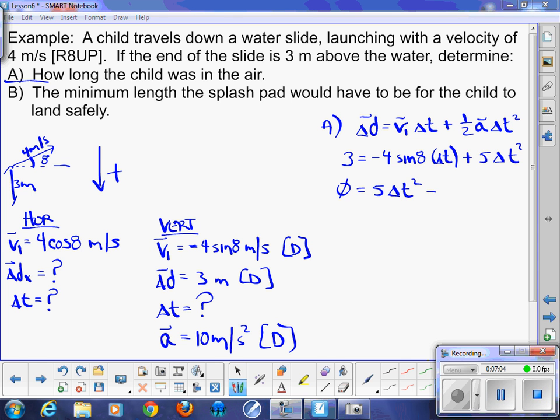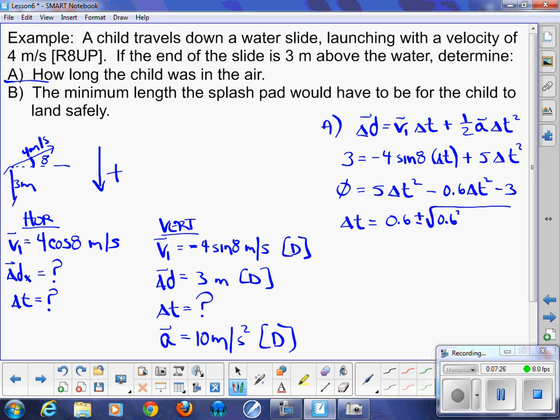And I find I have 0.6 delta T squared and minus 3, bringing it over. So I'm going to have to use that quadratic formula to solve here. Solving for delta T, it will be negative B, so 0.6 plus or minus the square root of 0.6 squared minus 4 times 5 times negative 3, over 2 times 5.